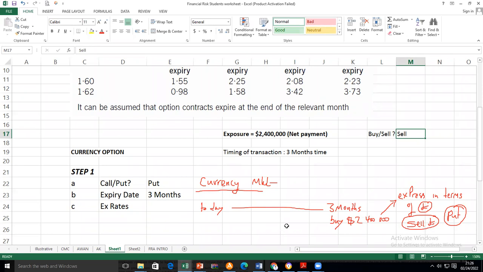The person who asked the question, you are right that what we are doing here is the same thing we did on futures. So in futures, this company would have been advised to take on an obligation for selling pounds. Is that okay? All right.